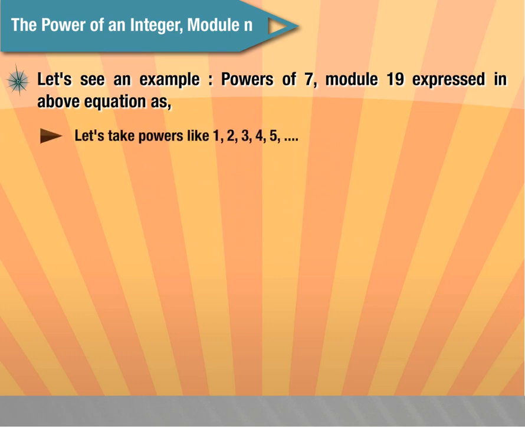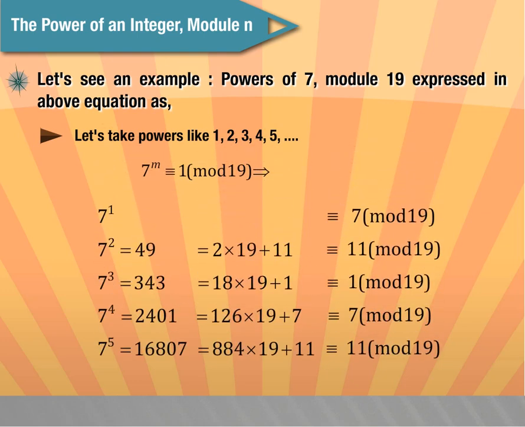Let us take the powers 1, 2, 3, 4, 5 and so on. 7 to the power 1 is congruent to 7 mod 19. 7 to the power 2 is equal to 49, equal to 2 times 19 plus 11, which is congruent to 11 mod 19. 7 to the power 3 is equal to 343, equal to 18 times 19 plus 1, which is congruent to 1 mod 19. 7 to the power 4 is equal to 2401, equal to 126 times 19 plus 7, which is congruent to 7 mod 19. 7 to the power 5 is equal to 16,807, equal to 884 times 19 plus 11, which is congruent to 11 mod 19.